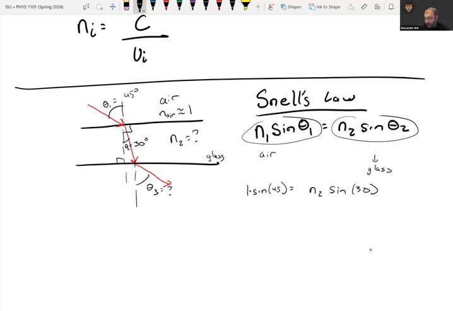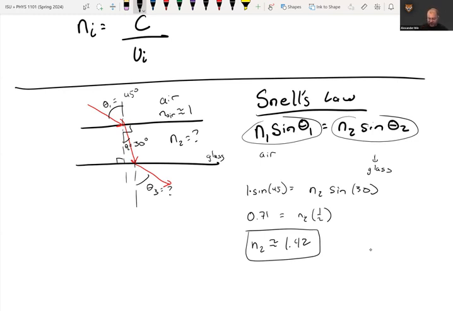In this case, we weren't given n2. We're solving for n2. So sine of 45 is about 0.71. n2 is what we're looking for. So multiply 0.71 times 1, you just get 0.71. n2, and then sine of 30 is 1/2. When you solve for n2, this is approximately equal to 1.42. And that, again, means that the speed of light has slowed down in the glass. Okay? So that is what we are seeing there.